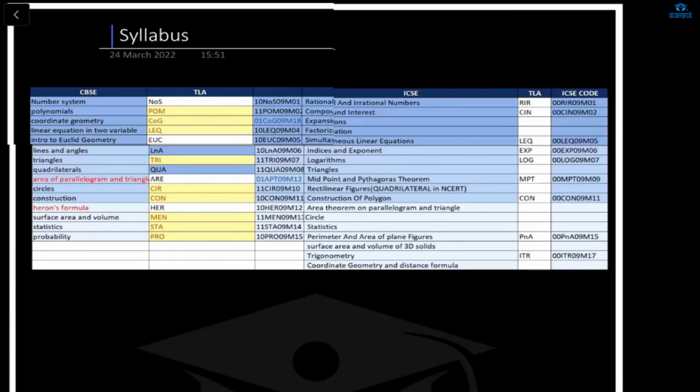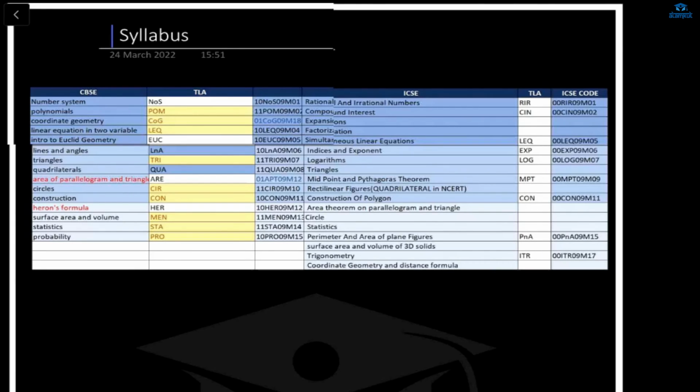How many chapters will be covered in your school till the half yearly? Can you tell me? Ma'am, in the half yearly, Euclid's geometry is also coming. I think it will go beyond Euclid's geometry, maybe till quadrilaterals. Advika, in your school, do you know? Most of the chapters, important ones like construction, were eliminated. Until the half yearly, the school will cover linear equations in two variables, coordinate geometry, Euclid's geometry, lines and angles, and till quadrilaterals.